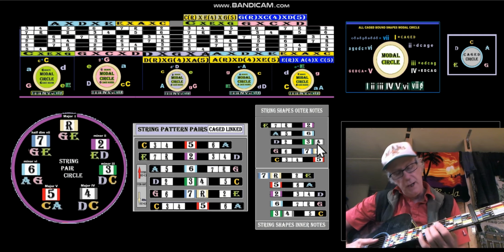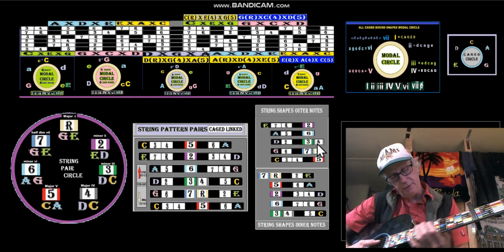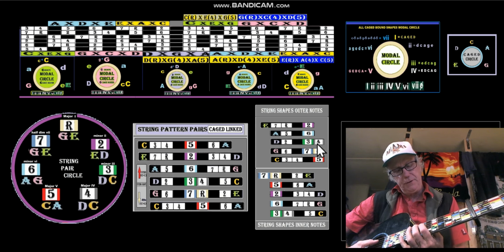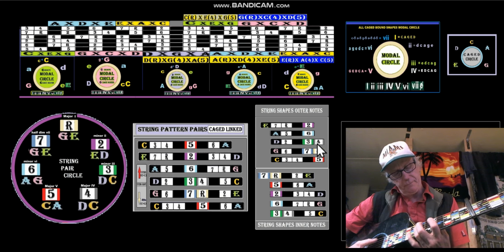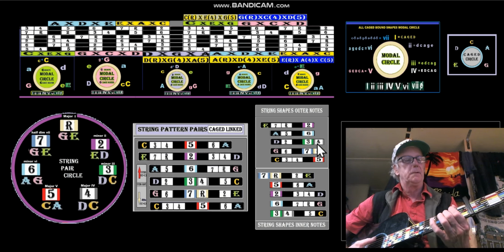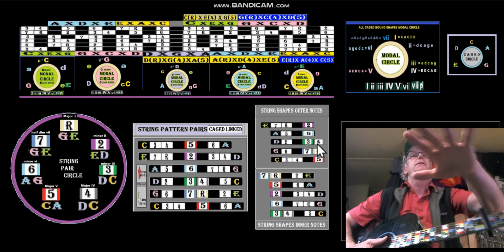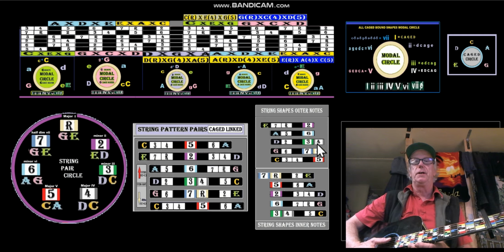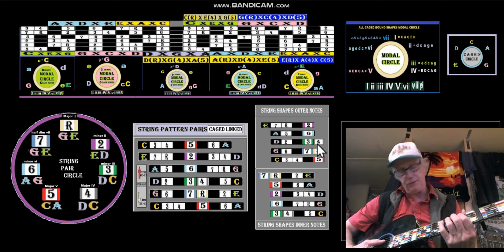All right, so after the E shape, we've got the C shape here to D, to E, to G. So it goes up a pentatonic scale as you're going down. As you're going up, it's encaged, right?